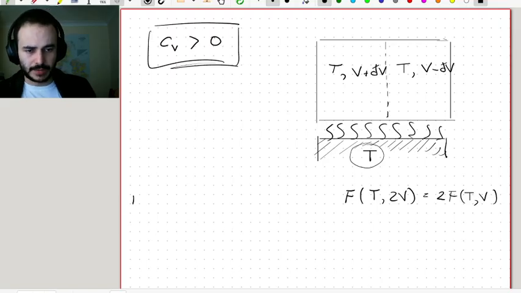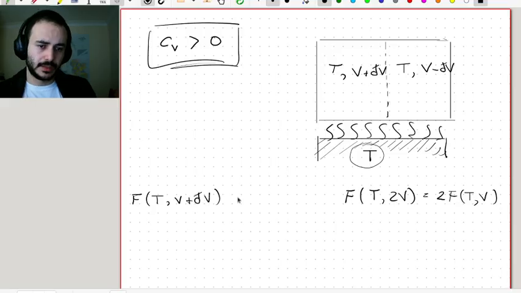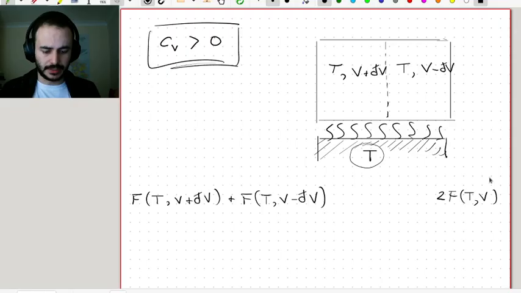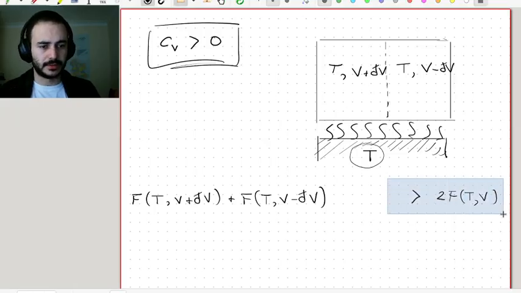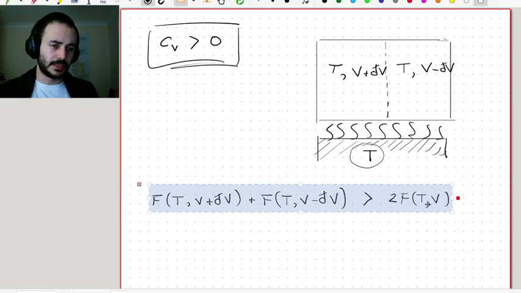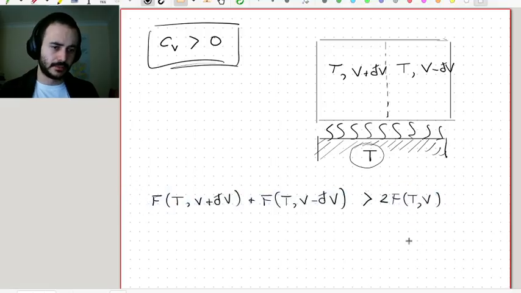Well, what happens is that the free energy is going to be the sum of the free energy of the right-hand side part and the free energy of the left-hand side part. And because I know that initially my system was in a stable configuration, the initial value is necessarily smaller than this sum. This happens simply because my system was initially in a stable thermodynamic state.